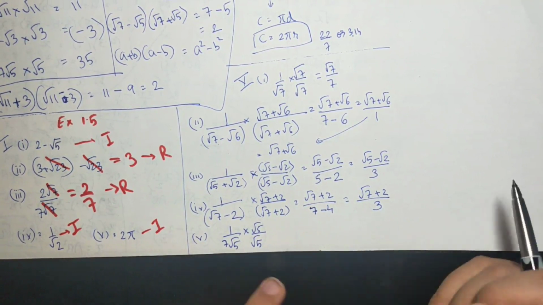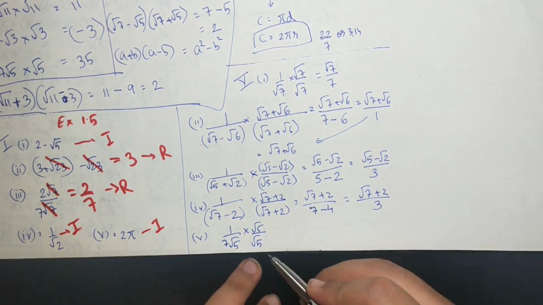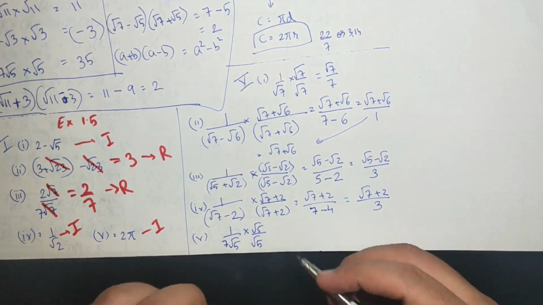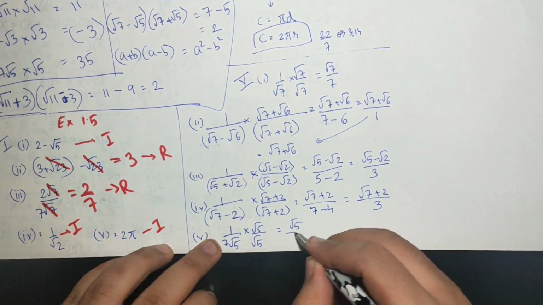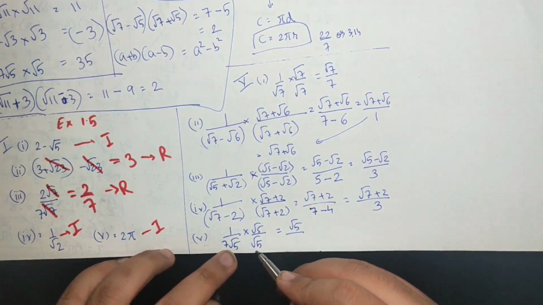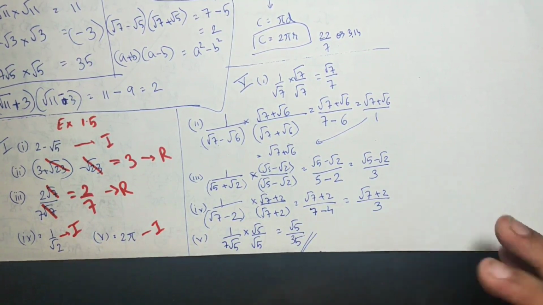I've already explained that in a monomial, only the number with irrational form has to be multiplied. So root 5 is multiplied in the denominator. In the numerator also root 5 will get multiplied. So the answer will be root 5 upon root 5 into root 5 is 5, and 5 into 7 is 35. This is my final answer.